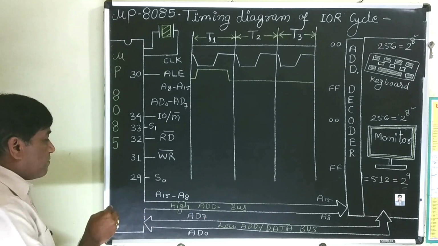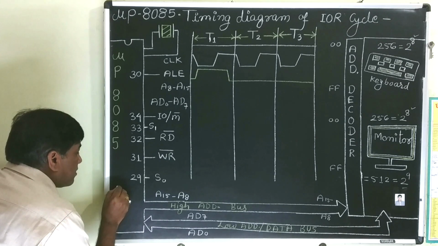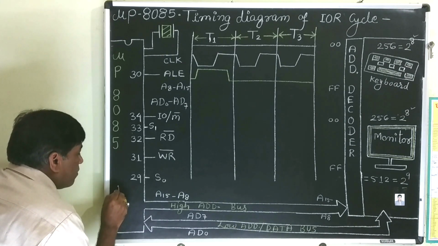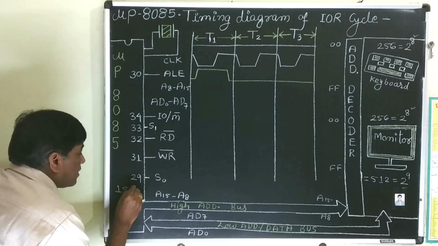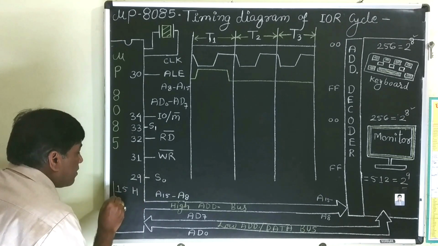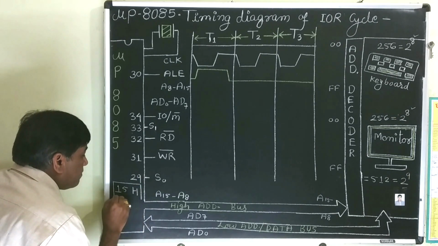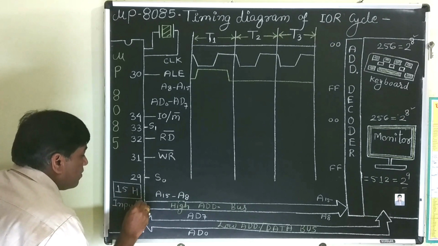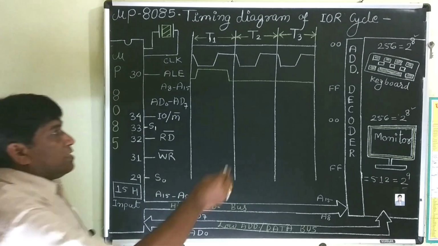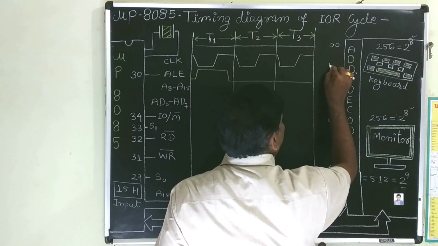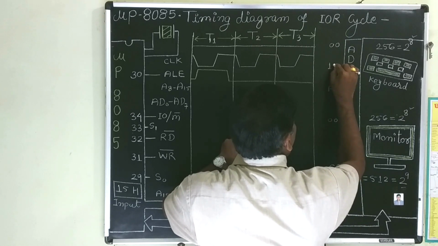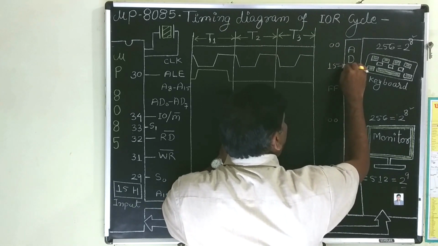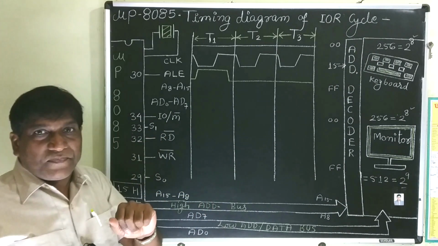Suppose some address is loaded, say 15H is the address of an IO device. It is the address of an input device. Say the keyboard is at address 15.